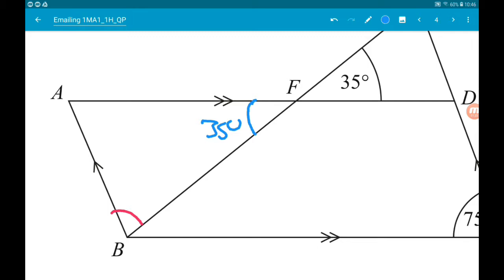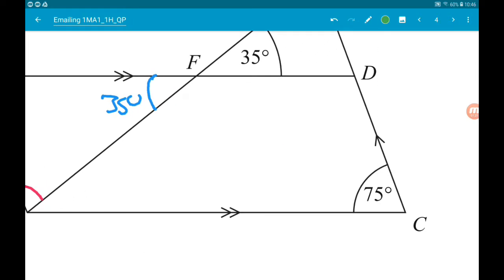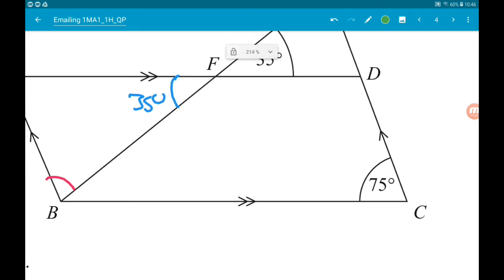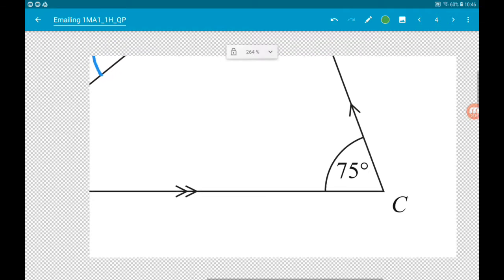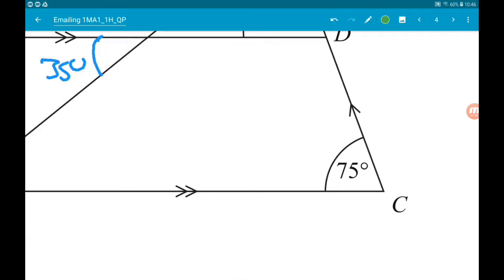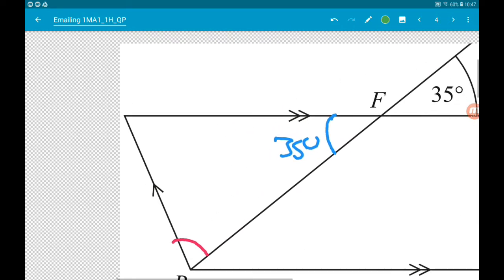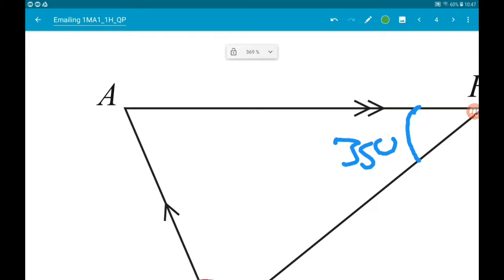And then, because ABCD is a parallelogram, and this bottom right angle is 75 degrees, opposite angles in parallelograms are equal. So this chap up here is also 75 degrees.